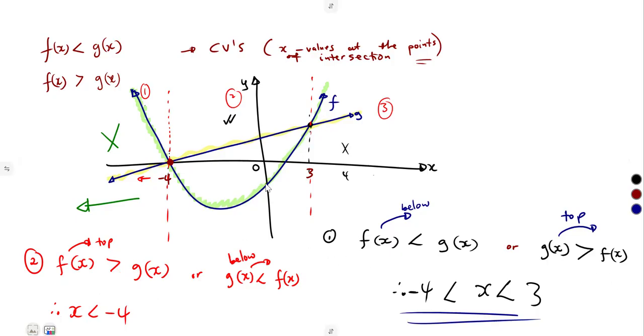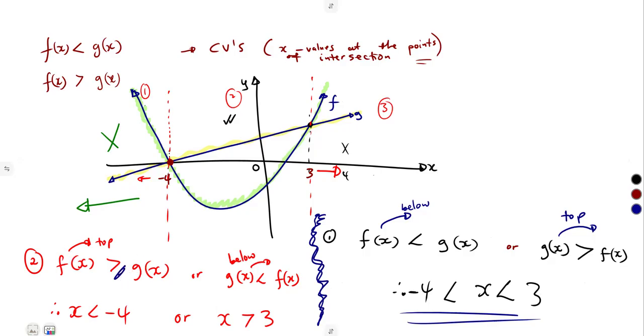All right? But since we also have another region here, from the point of intersection at 3, we saw that f is on top. So we are talking about 3 going up, 3, 4, 5, and so on. So that's another solution. x is greater than 3. So these will be the solutions when it is given in that manner, f of x greater than g of x.